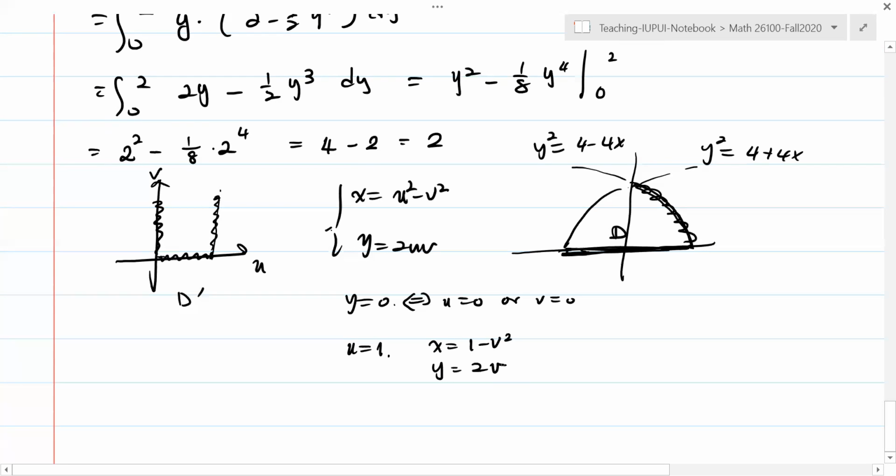So what's the relationship between them? The relationship between them will be y squared equals 4x plus 4. Yeah, because it's a 4v squared and it's a 4x.